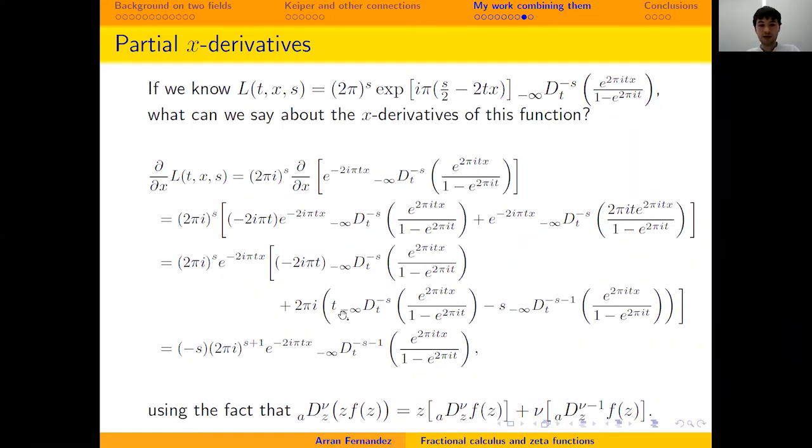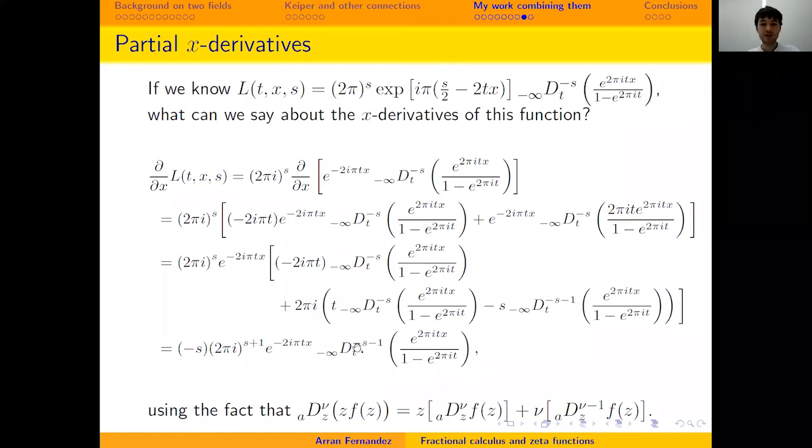First term there cancels with the second term. You've got minus 2πi by t plus 2πit. After this cancellation, we're left with just minus s, 2πi to the power of s plus 1, this exponential term, and the fractional derivative to the order minus s minus 1.